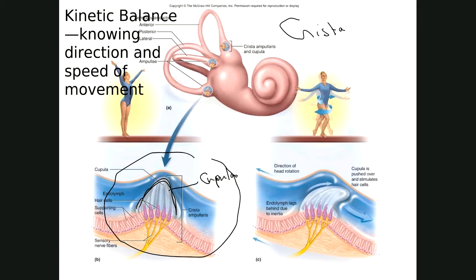There's fluid in here, remember, endolymph, so it's floating in here, just like a float on a swimming pool. And then underneath the cupula are hair cells. So if the fluid moves, the little hat moves too. And when the hat moves, the hair cells here get bent.